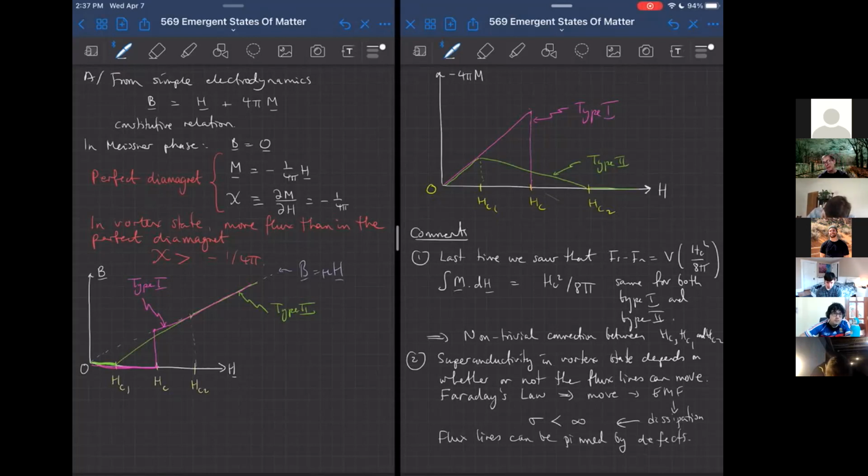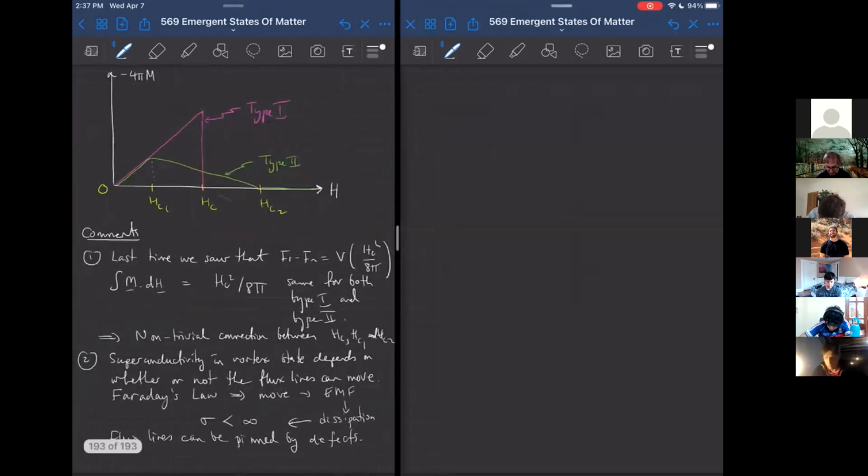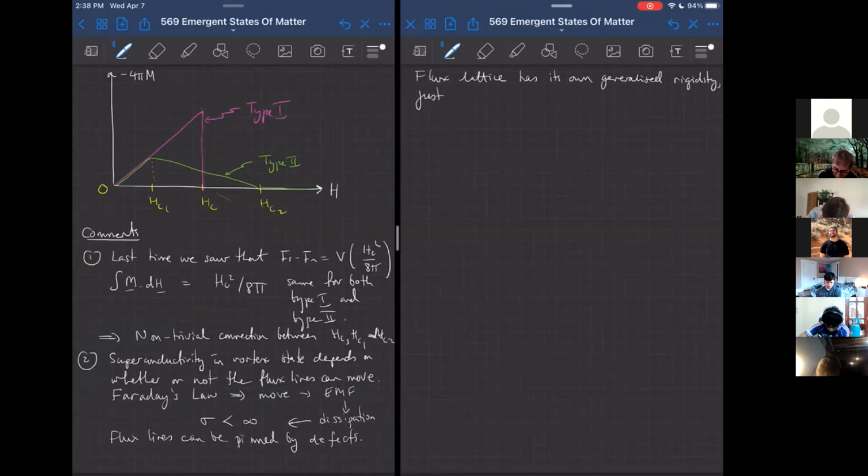And so you have to worry about the disorder in a type 2 superconductor. But the other thing that's important to know is that the flux lattice has its own generalized rigidity, just like the lattice of quantum vortex lines in a rotating superfluid.